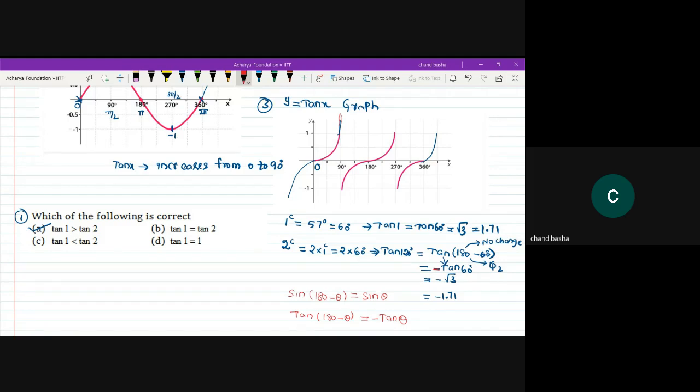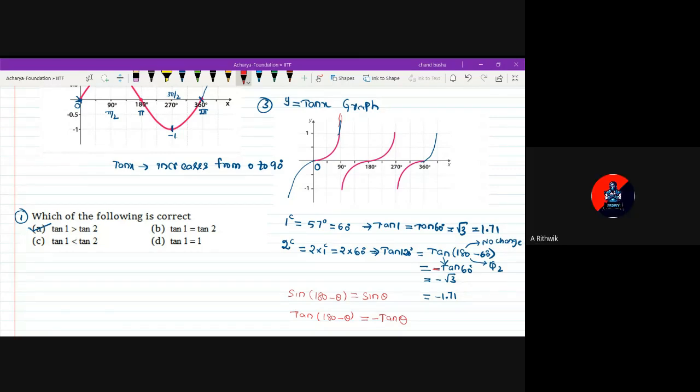You cannot take 2 as a numeral. In an angle, there is a lot of difference. It is 2 radian. It is not just the numerical value 2. It is not the numerical value 1. 1 means it is 1 radian. It is an angle, guys. Very good question, Ritvik. Hope you can understand.